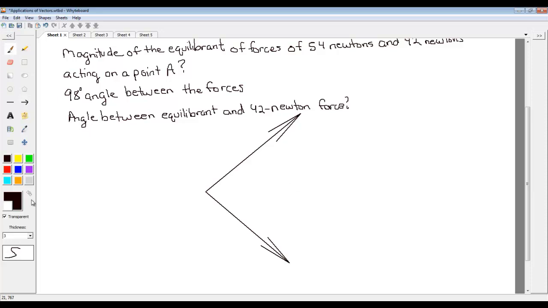I'll go ahead and label this one as the 42 newtons, and then this one's going to be my 54 newtons. And then the resultant vector is going to be somewhere in between there. And then the equilibrant is going to be opposite of the resultant vector.